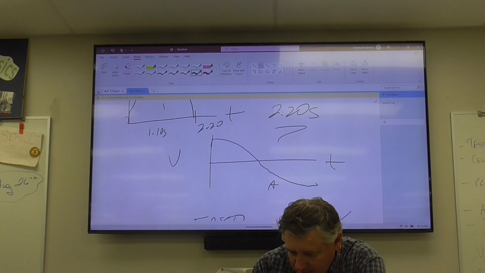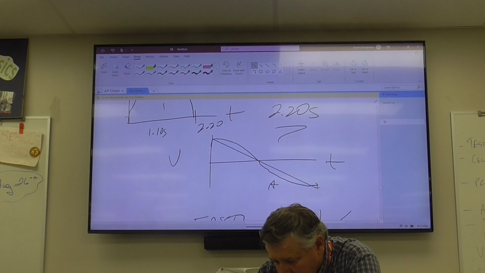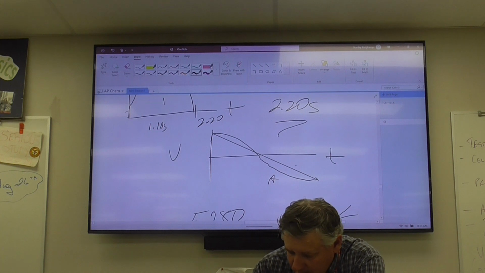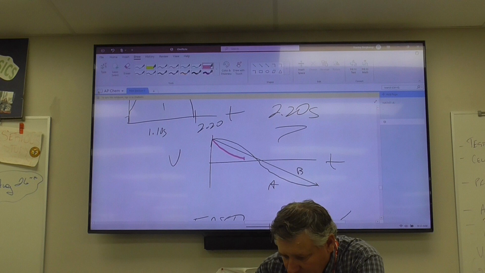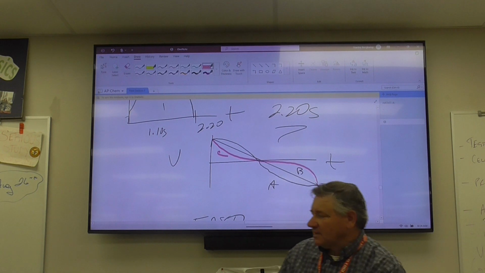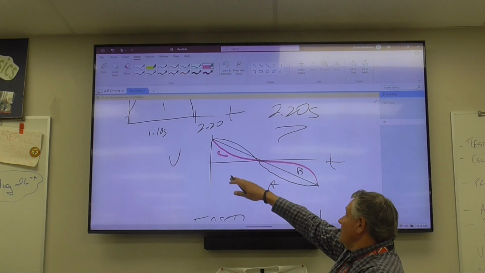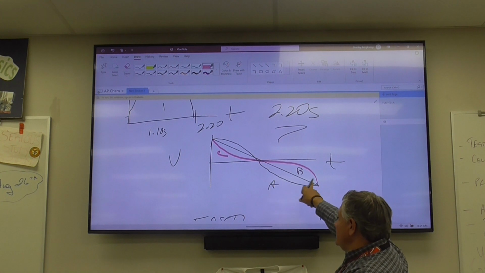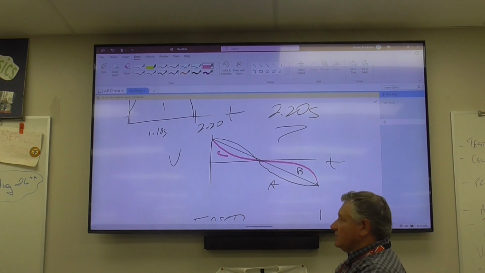There's A, there's B, and there's C. So there are the three options for your velocity time graph. A starts up and curves back down. B is the middle line, diagonal. C is the purple line.